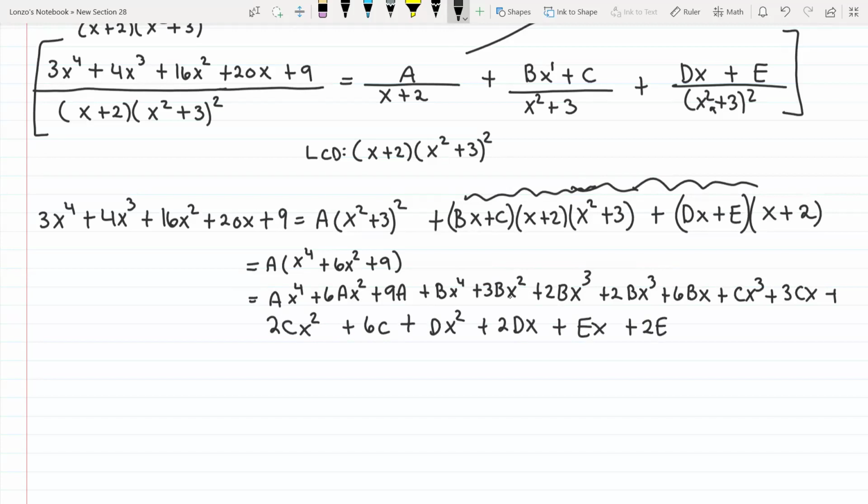Yeah, it is a pain. So if you FOIL this out, this is what you get.